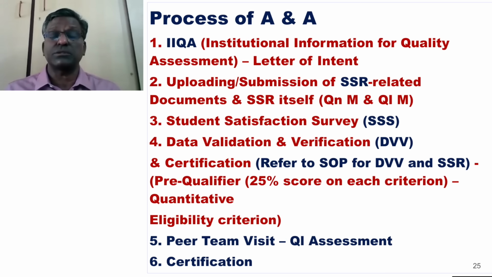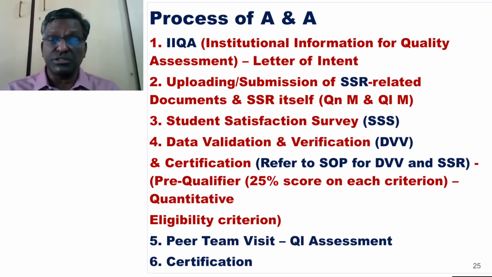Okay, so this is quantitative data, and this metric needs to be verified and validated. This is done by NAAC, not directly by NAAC itself, but it is given to a third party. Now, there should not be a deviation.